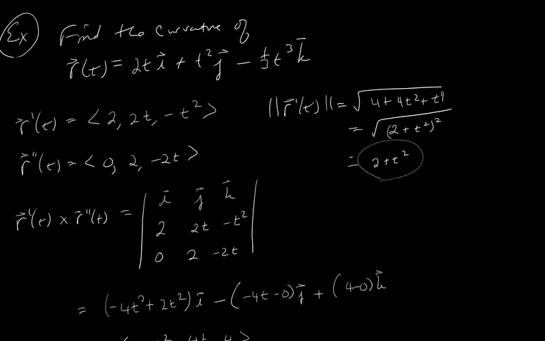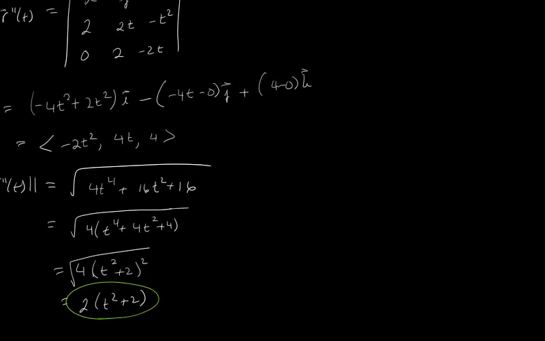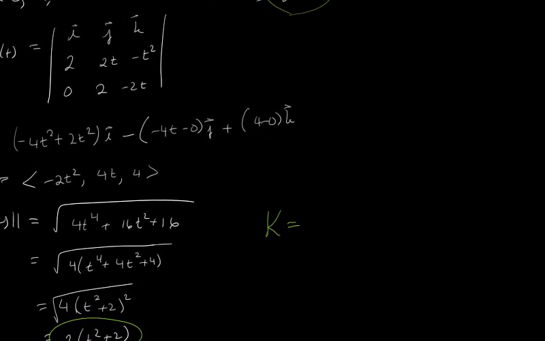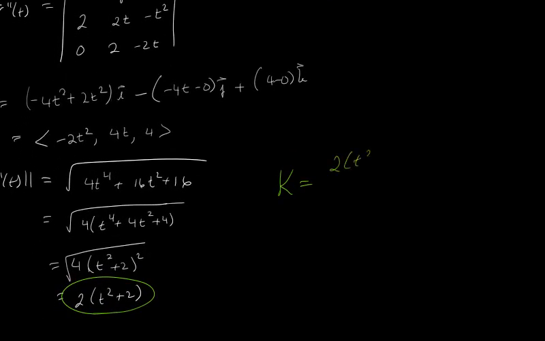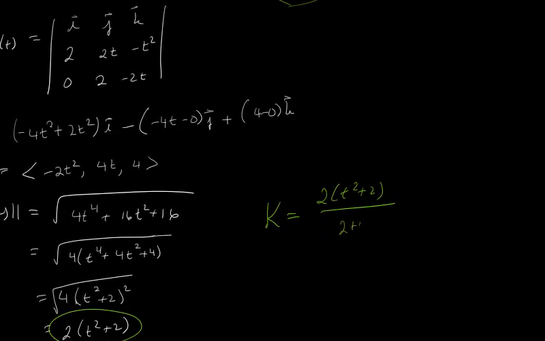Okay, so I'll put a little circle around that so I don't lose that. Then our curvature, k, is equal to 2 times t squared plus 2 divided by 2 plus t squared cubed, because it's the denominator, right? So then we get one of these to cancel with one of those, and what we are left with is that k is equal to 2 divided by 2 plus t squared, squared.